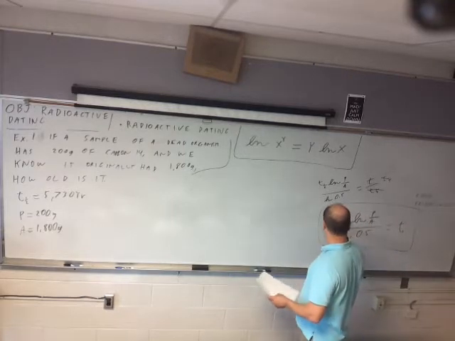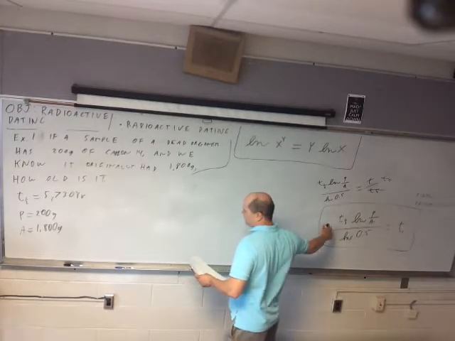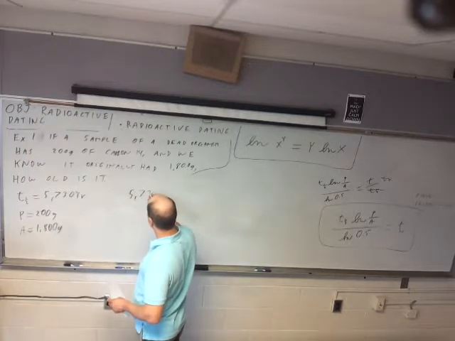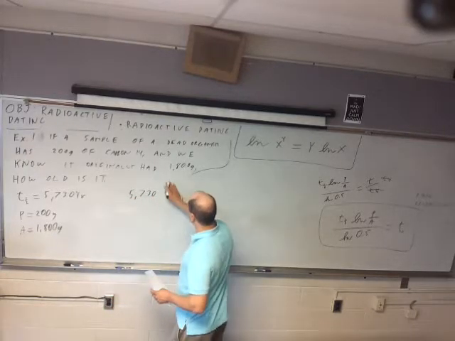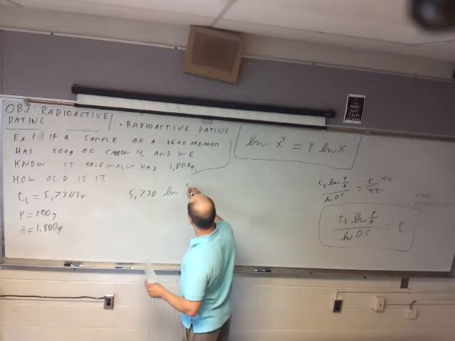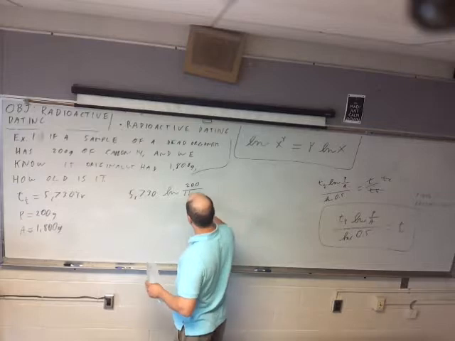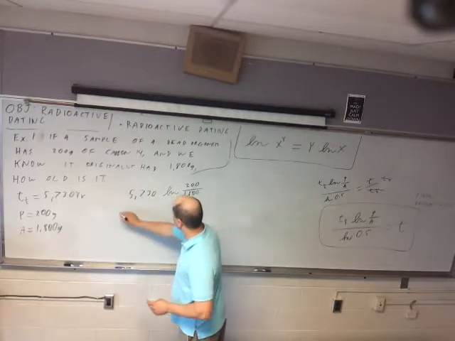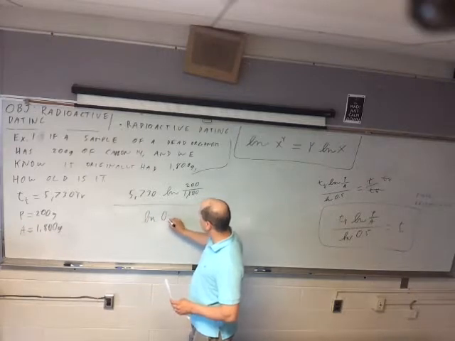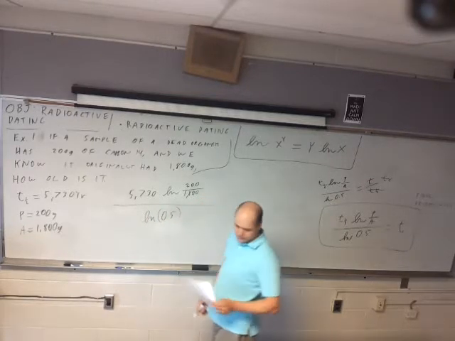So now we can plug it into this equation. What we're going to write is 5,730 times natural log of P over A, so it's 200 divided by 1,800, all that, natural log of 0.5.